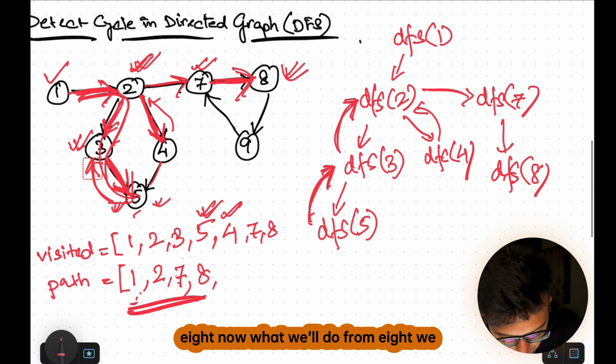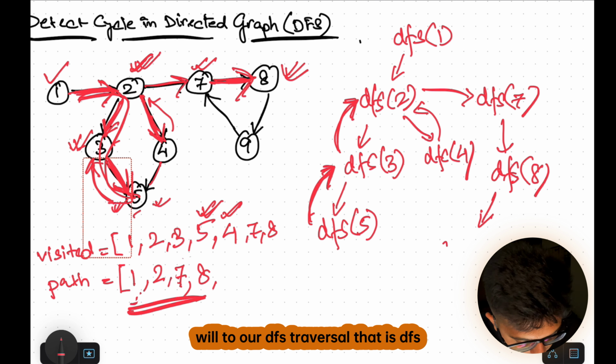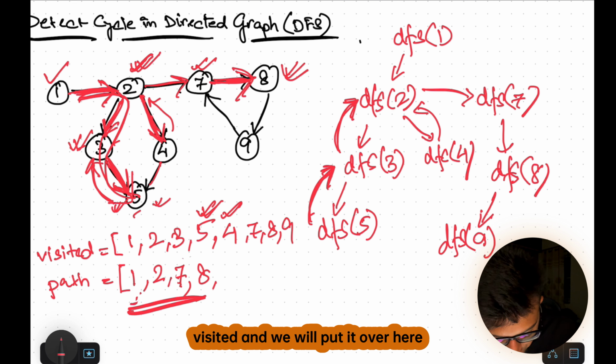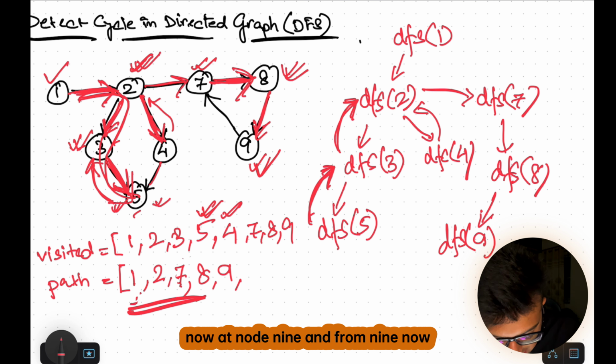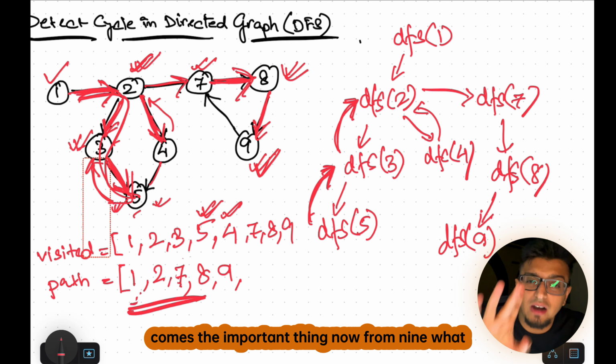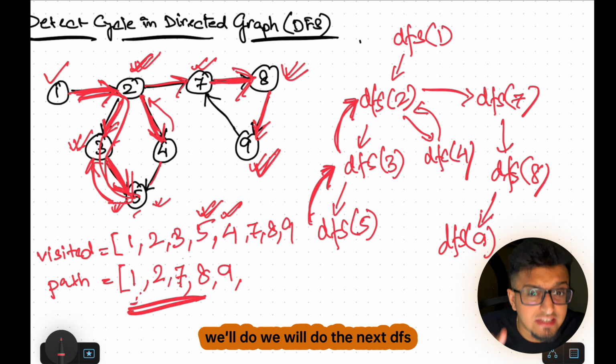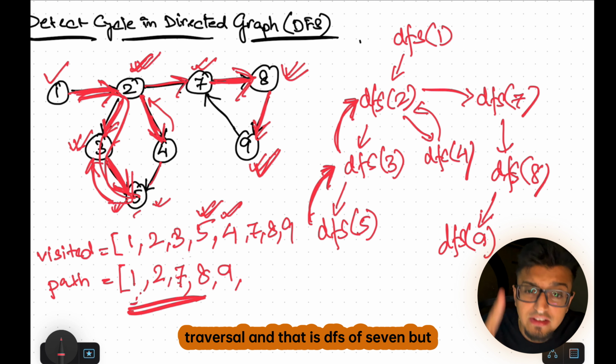Now from 8 we will again do a DFS traversal, that is DFS of 9, and we will mark it as visited and put it over here in the path value. So we are right now at node 9, and from 9 now comes the important thing. From 9 we will do the next DFS traversal, and that is DFS of 7.